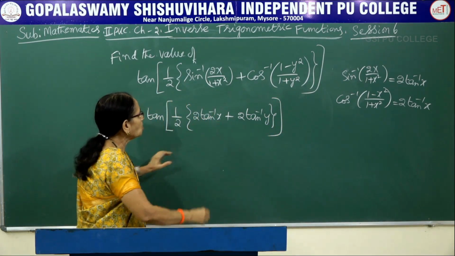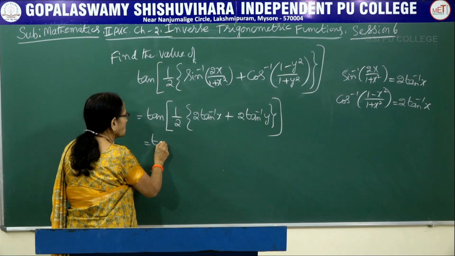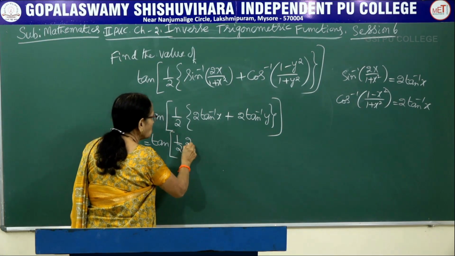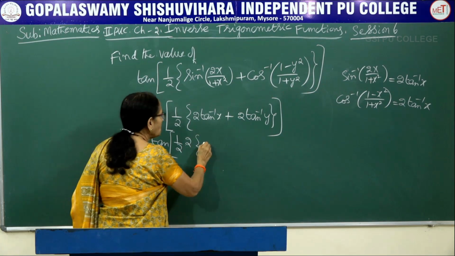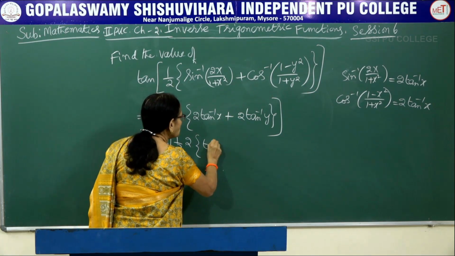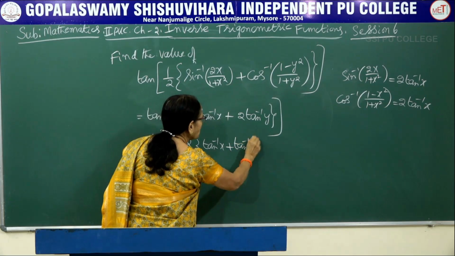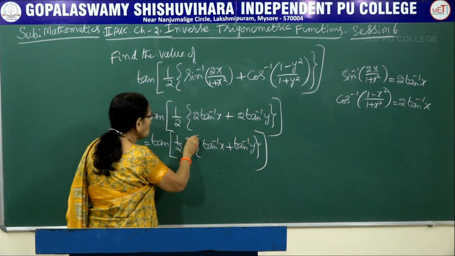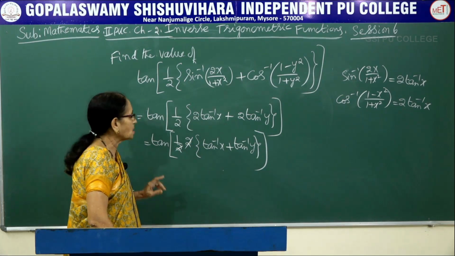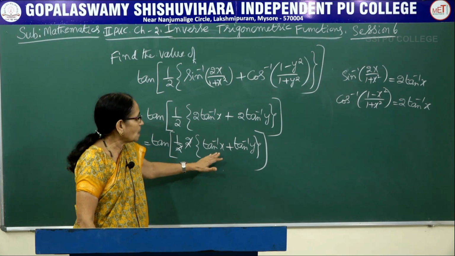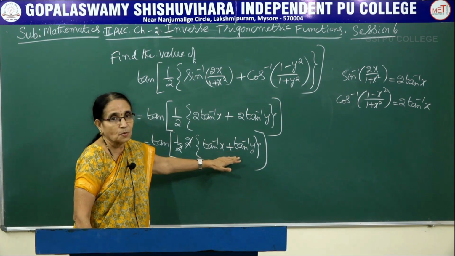Now, take out 2 as common factor. That is tan of half of, taking out 2 as common factor, we will be having tan inverse of x plus tan inverse of y. Now, this 2 and half, they get cancelled. Now, look at the function inside the bracket, tan inverse x plus tan inverse y.